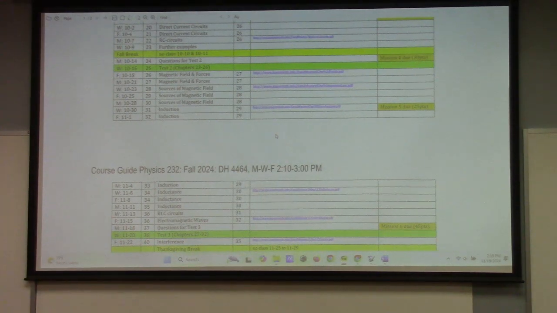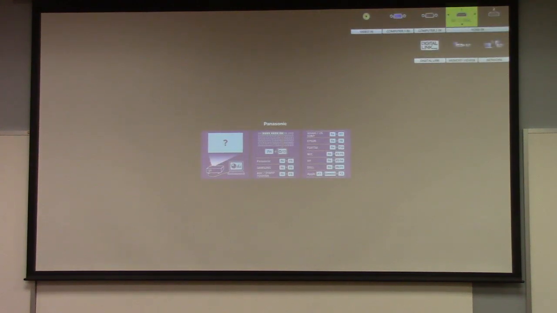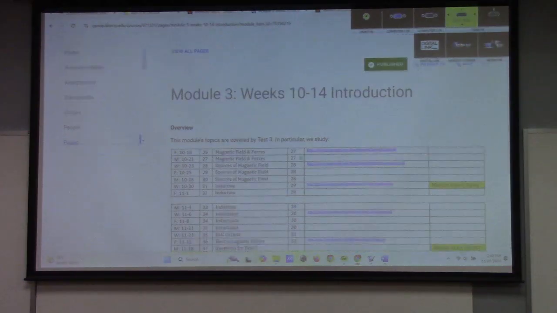So, let me see here. Module. See, this is in Canvas, right here.